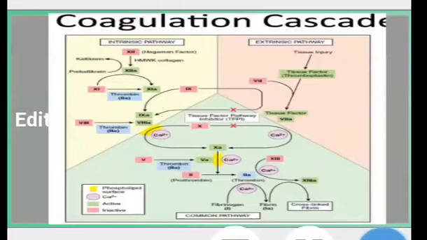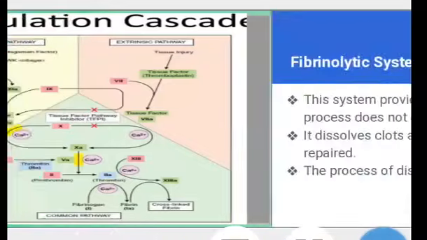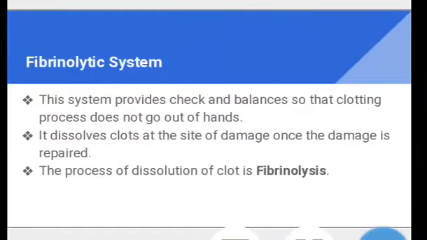Now these two pathways, intrinsic and extrinsic, initiate the coagulation process, or help in the activation of the coagulation process. Then after the formation of the coagulation cascade, there is another point, which is the fibrinolytic system.